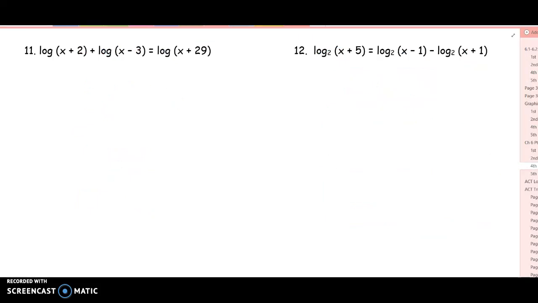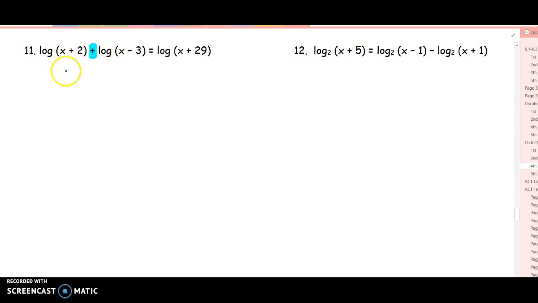On number 11, the first thing I would like you to notice is that there's logs on both sides, but how many logs do we have on the left side? We have 2 logs on the left side. We really want there to only be 1 log on the left side, so we need to condense this logarithm. A plus sign between the logs, what does that mean when we condense them?